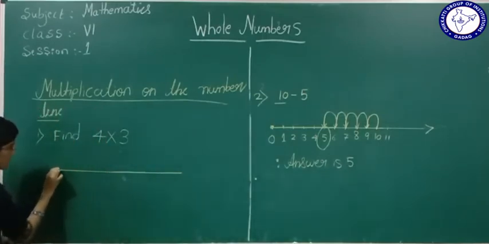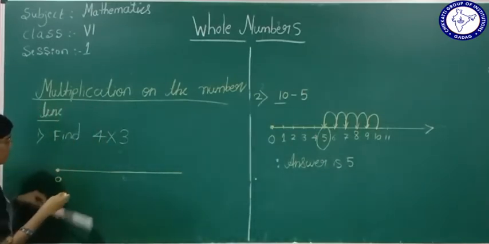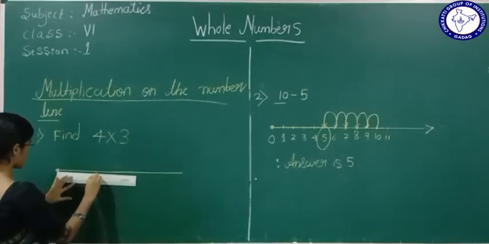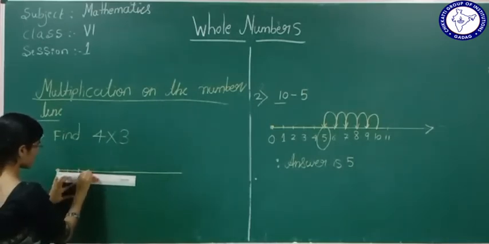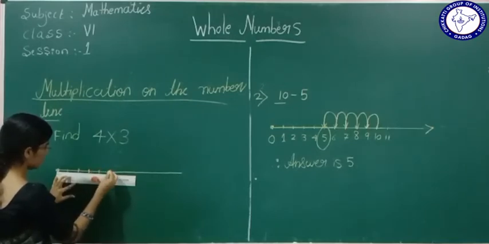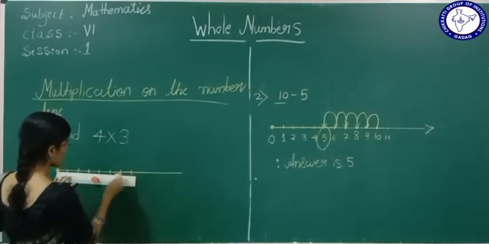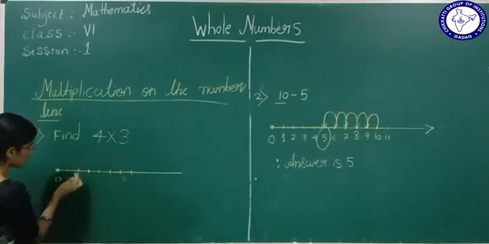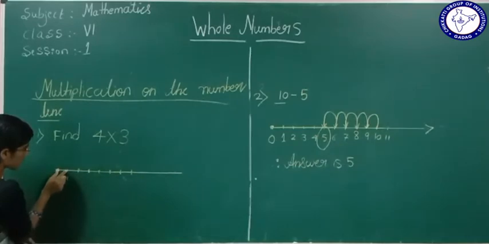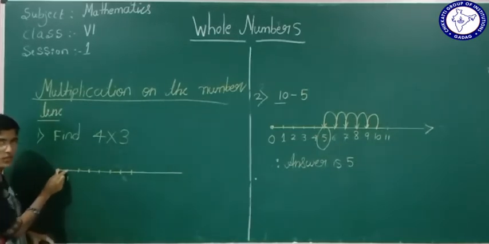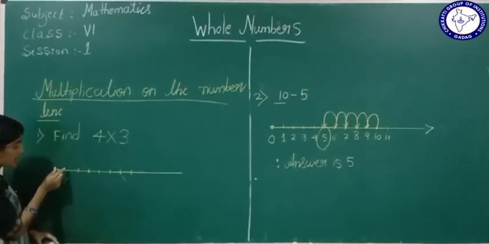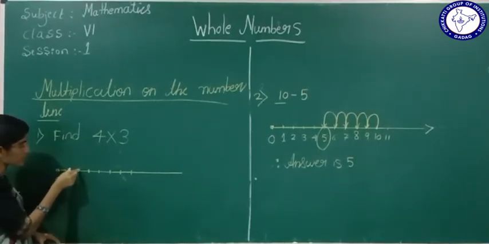Whole numbers will start from 0. The second point we have to mark is 1. This is called unit distance. However much you want, you can take here. Okay, there is no objection here. But however much you take here, the same thing you have to maintain.